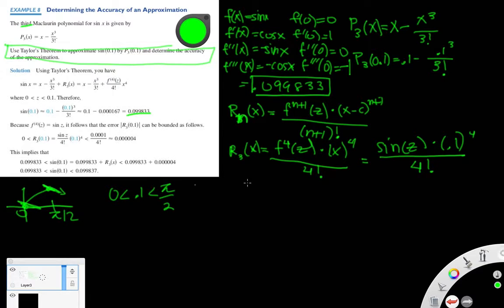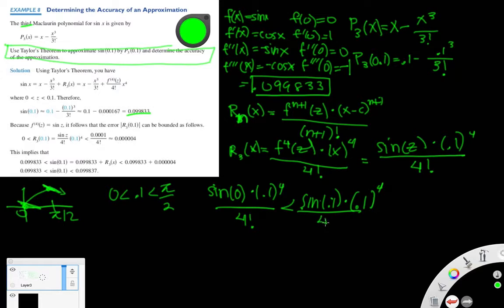So what they said was, we can make an inequality. We can take the sine of 0 times 0.1 to the fourth power over 4 factorial is less than sine of z times 0.1 to the fourth over 4 factorial, which is less than sine of pi over 2 times 0.1 to the fourth power over 4 factorial.